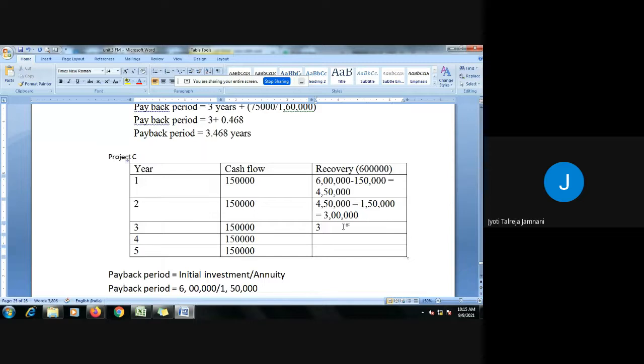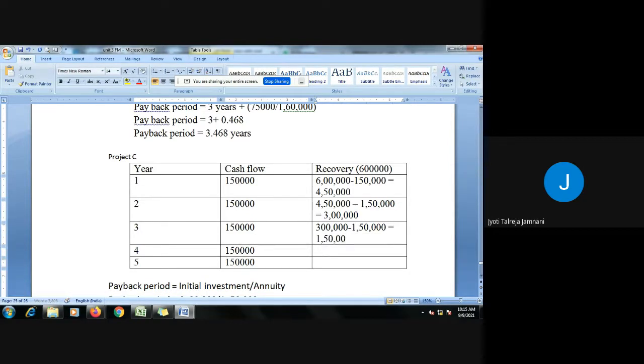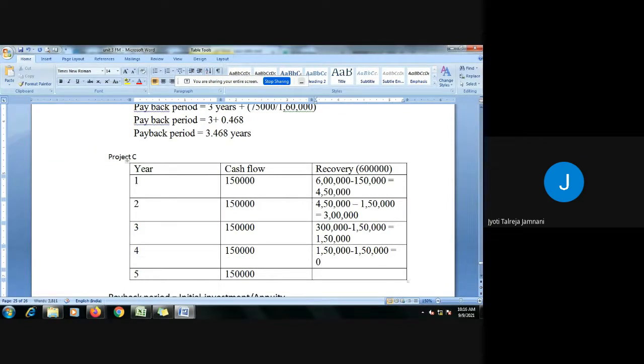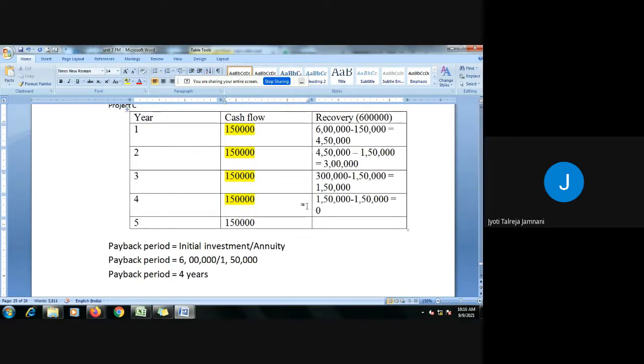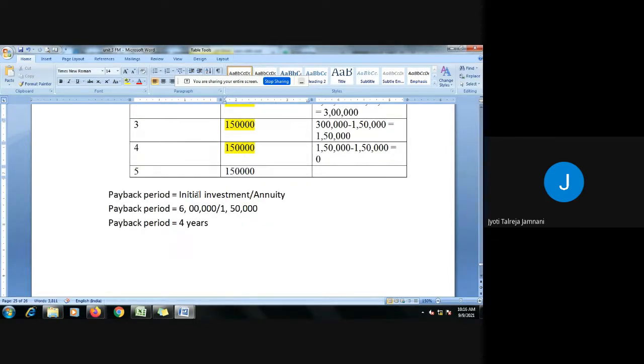Next year 3 lakh minus 1,50,000 will get 1,50,000. And in the fourth year 1,50,000 minus the cash flow, which is also 1,50,000, is equal to 0. So using 4 full years, we are able to recover the entire investment. You can do it like this, or if it is just payback period and annual cash flow given, you can solve it by using the initial investment divided by annuity formula. So this was the last method.